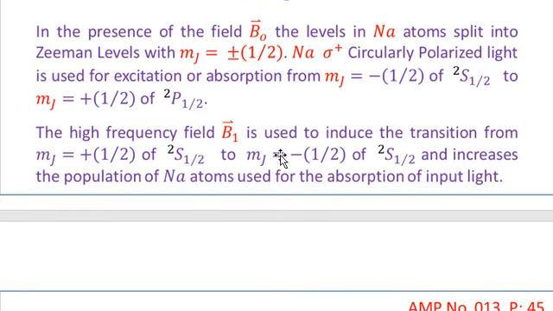The high frequency field B1 is used to induce the transition from Mj plus half of 2s half level to Mj is equal to minus half of 2s half level, and increases the population of the sodium atoms used for the absorption of input light.